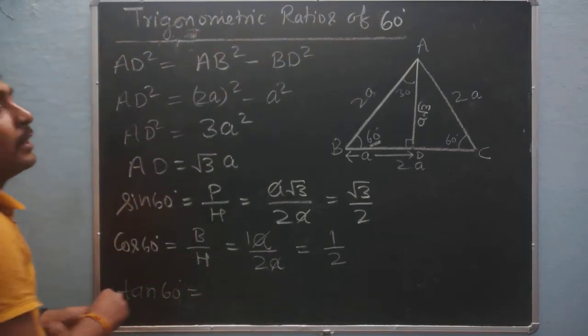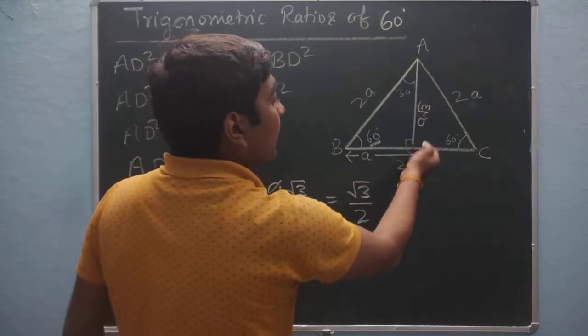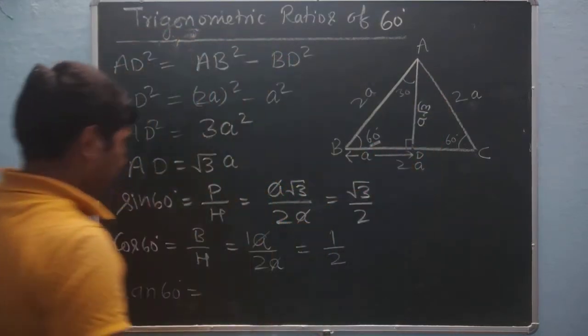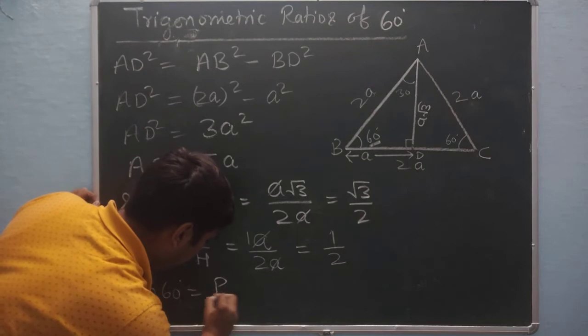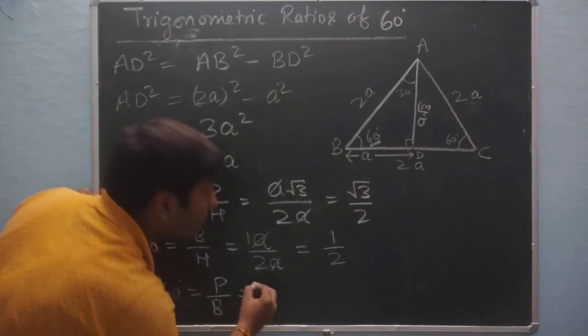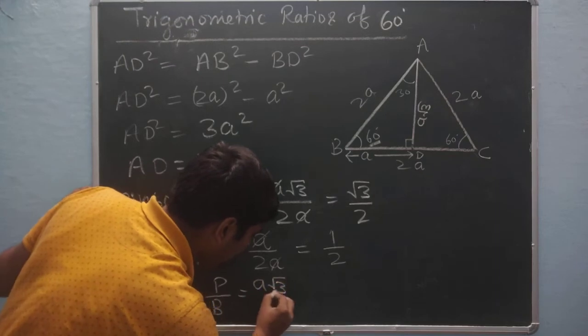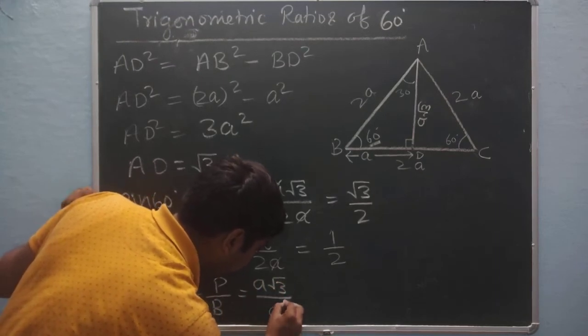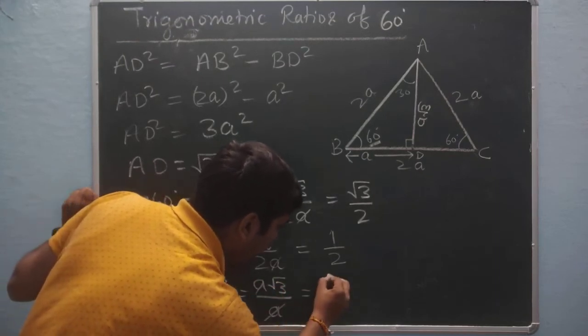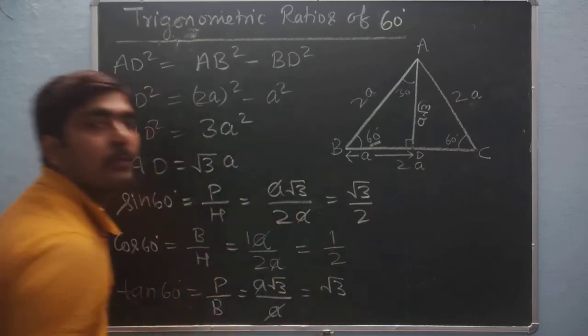Tan 60 will become perpendicular upon base. What is the perpendicular? a root 3 by a. This will become root 3.